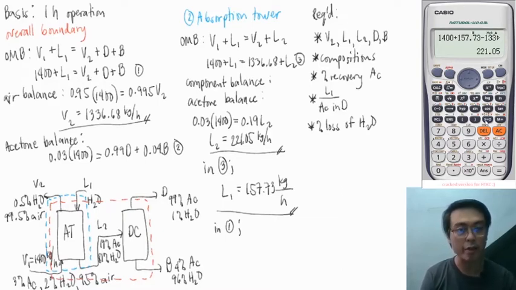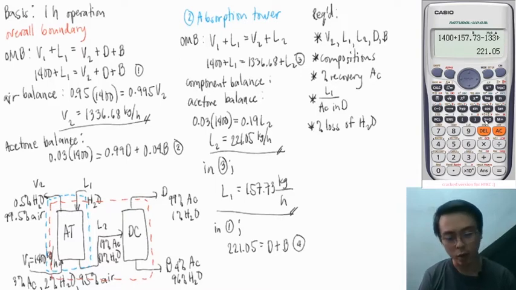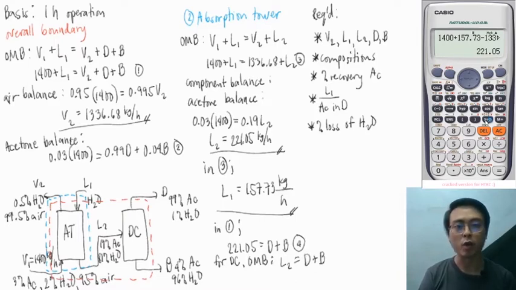Therefore, your equation 1 simplifies to 221.05 is equal to distillate plus bottoms. We will call this equation number 4. Now, it's not a coincidence that your equation number 4, which was derived from equation number 1, looks like your overall material balance for the distillation column. Take a look. For the distillation column, what is your OMB? That's L2 equals D plus B, and L2 has a value of 221.05 based from our previous calculation. So you know that your calculations are matching with each other and you are on the right track.